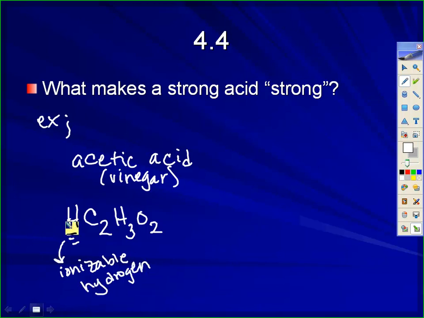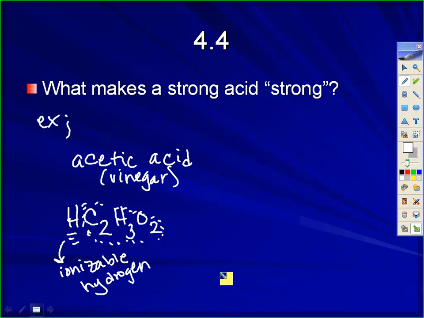It's written out front, and that's how you will notice that something is an acid, because it's going to dissociate from the molecule. It's not one of these hydrogens that's going to stay intact, but it's written out front separately because it's the one that's going to dissociate. I don't know if you guys recognize this, but C2H3O2 is the acetate polyatomic ion.